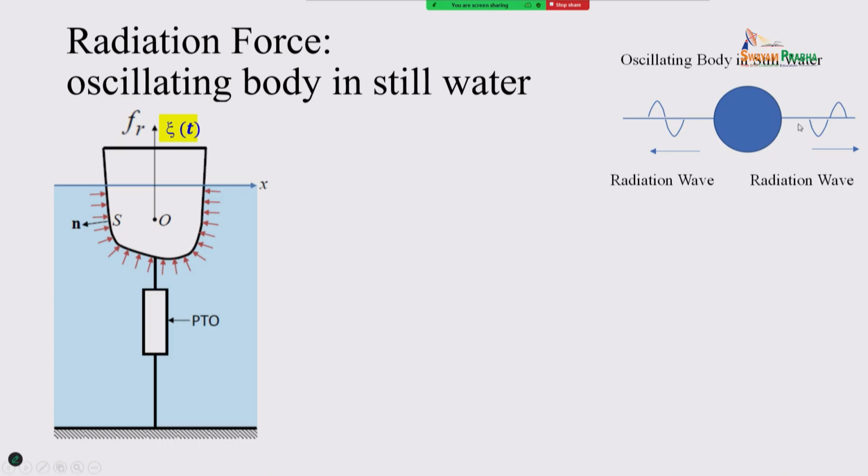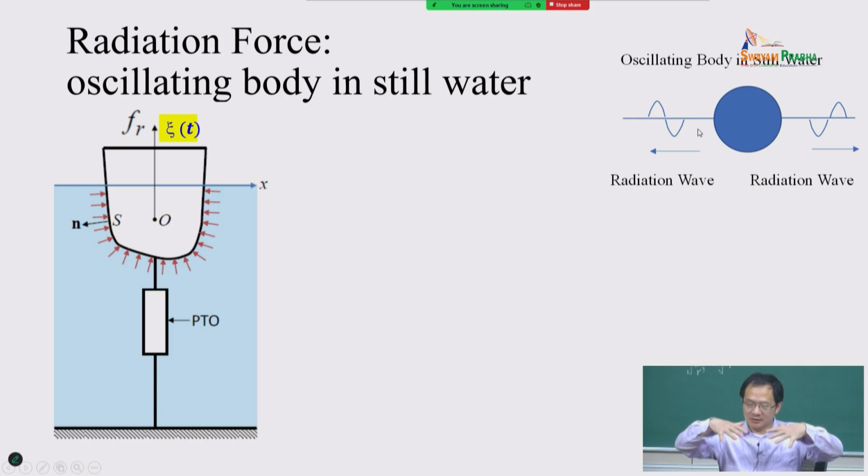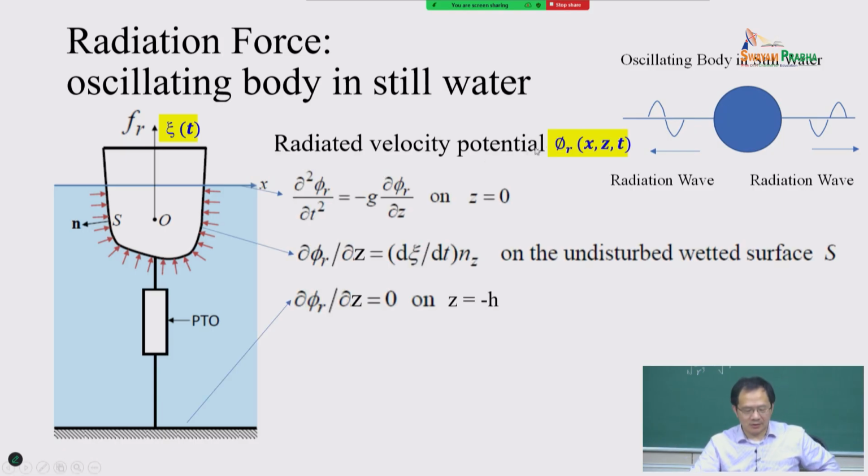Again, the water is still, and then the buoy is moving up and down. Okay, so then you have a radiation velocity potential in this field, right? Let us look at this bottom side.